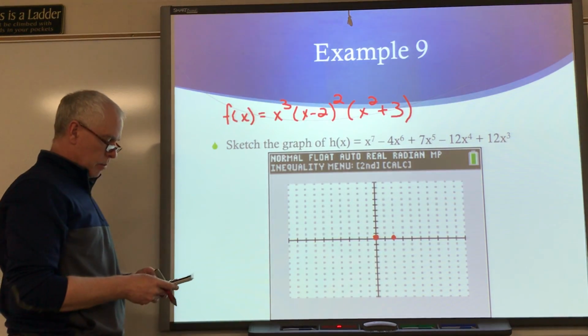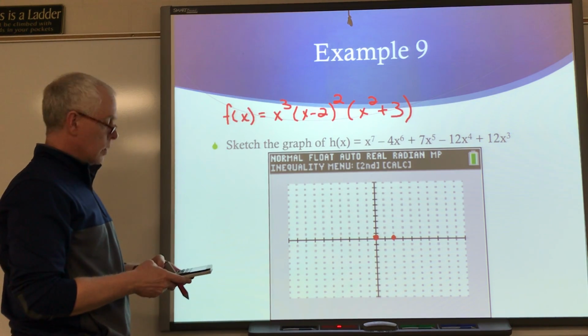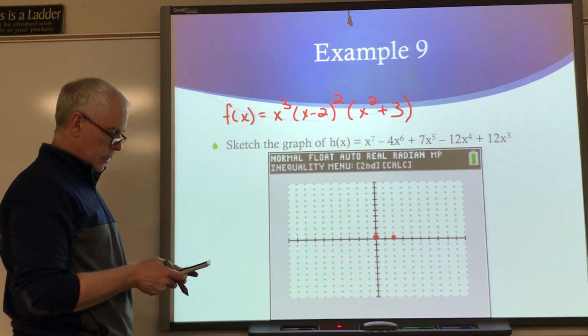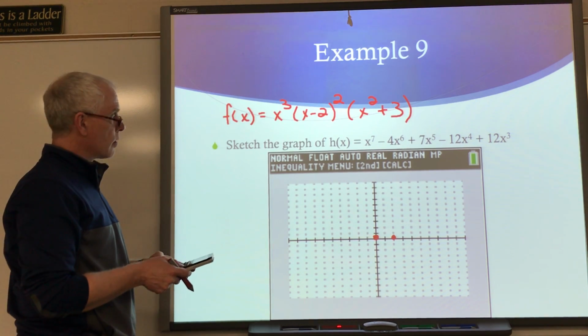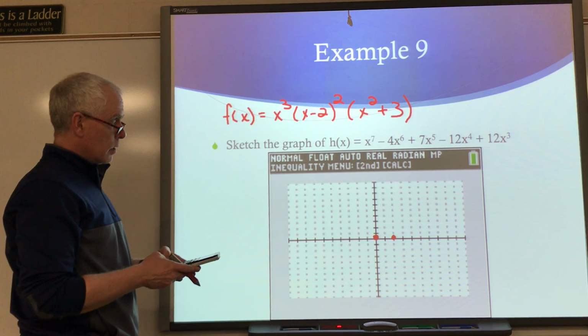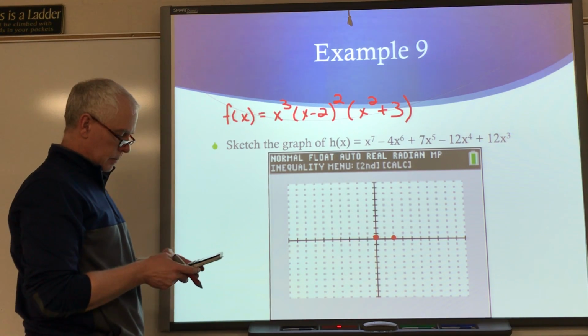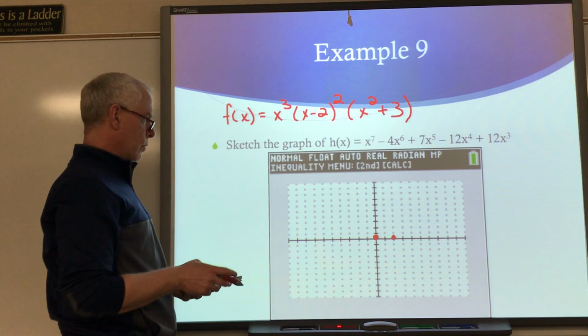So let's go ahead and put this into our calculator. X to the 7th minus 4x to the 6th plus 7x to the 5th minus 12x to the 4th plus 12x cubed. And then let's see what we've got for points.